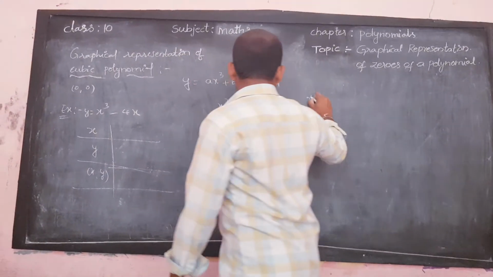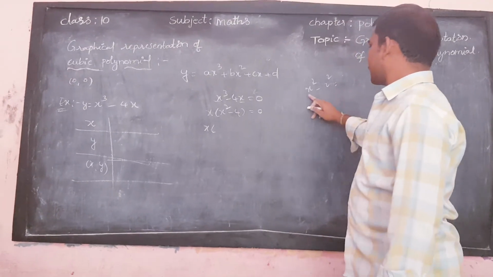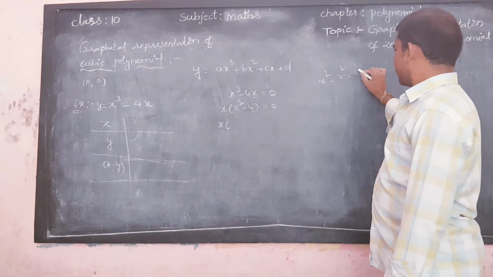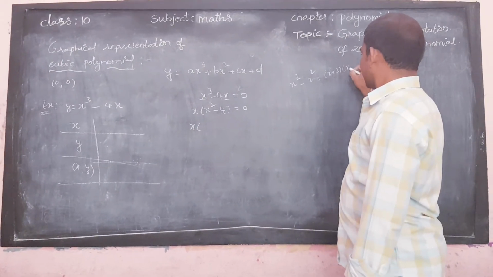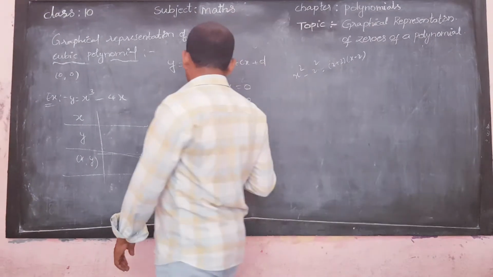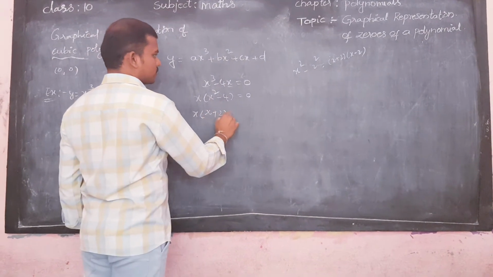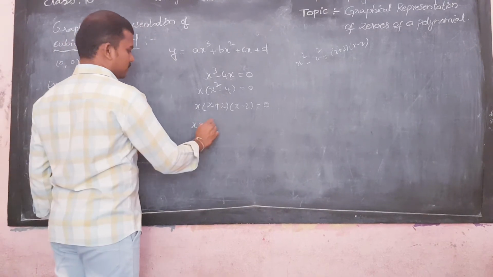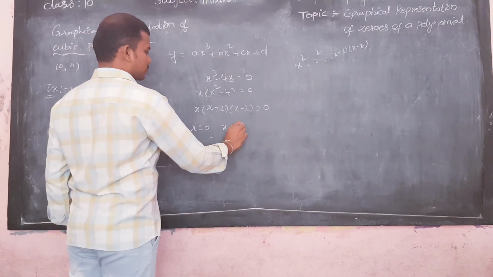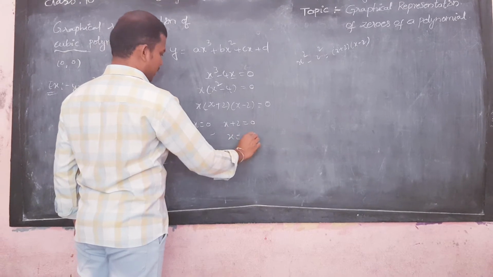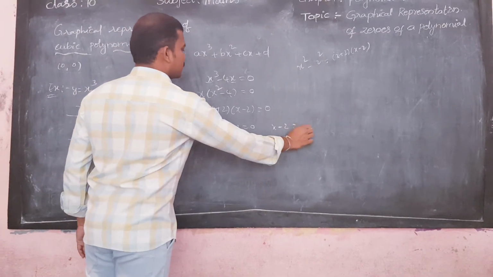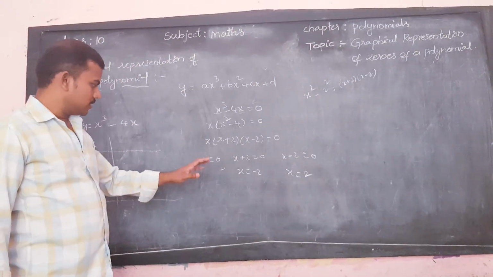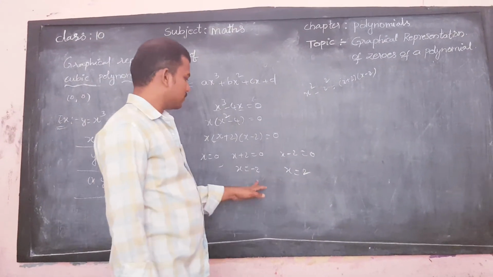It can be written as x squared minus 2 squared, which is a squared minus b squared, so (a plus b)(a minus b). So x into (x plus 2) into (x minus 2) equals 0. So x equals 0, x plus 2 equals 0 gives x equals minus 2, and x minus 2 equals 0 gives x equals 2. So the x values are 0, minus 2 and 2.